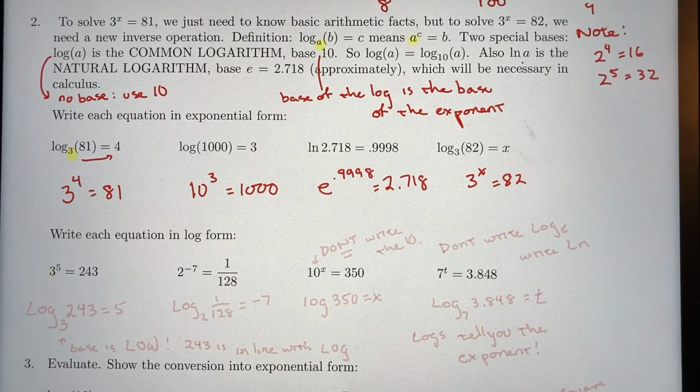Okay, back to log form. Again, the base of the exponent is the base of the log. Make sure the base goes way low, go across the equal sign. It should not look like 3 to the 5th.